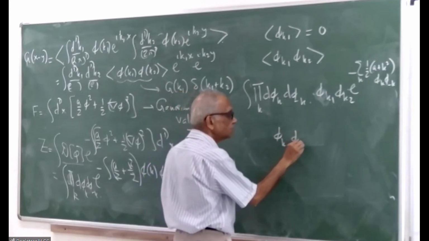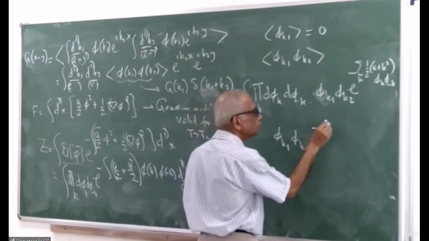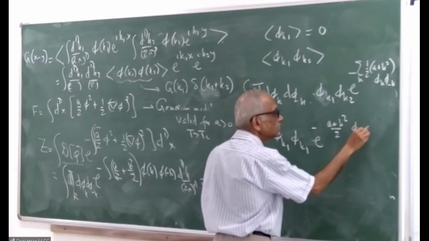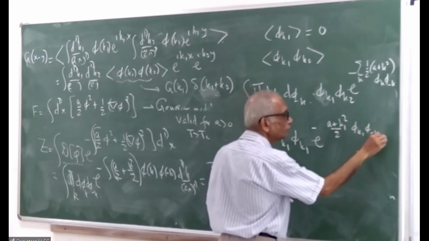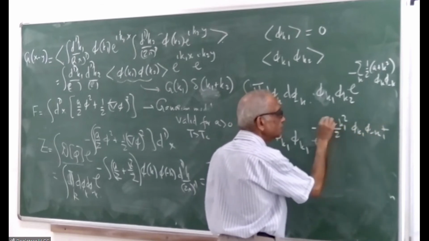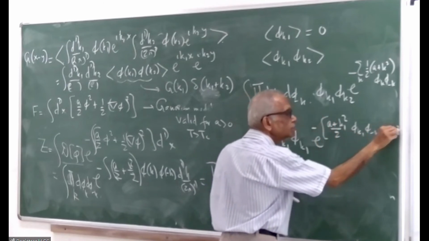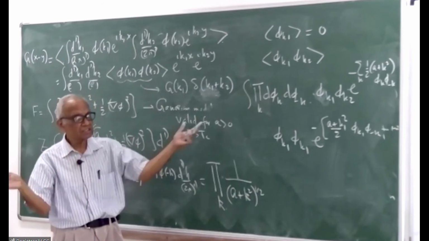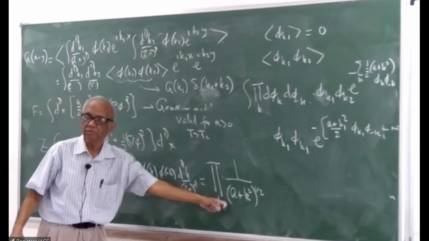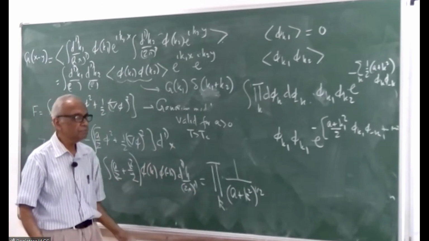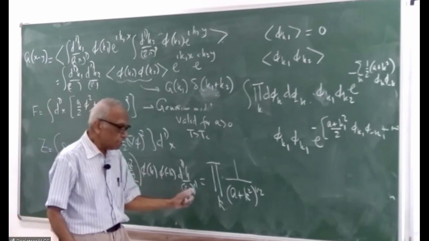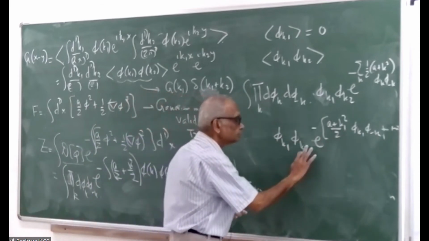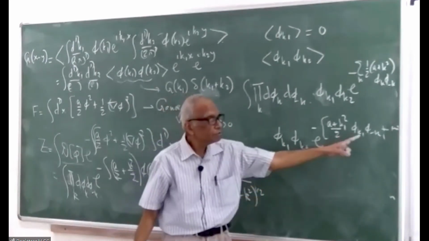I'm looking at phi k1, phi k2, e to the power minus a plus k squared by 2, phi k1, phi minus k1, plus a similar thing with 1 going to 2. That is the integral I'm looking at. The rest of it, for k not equal to k1 and k2, is simply this.